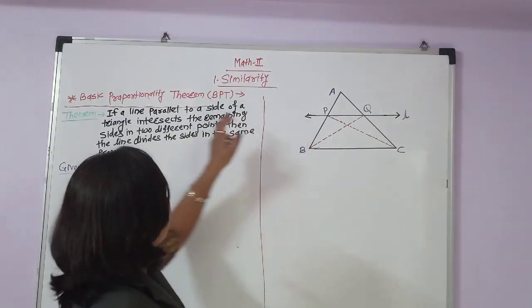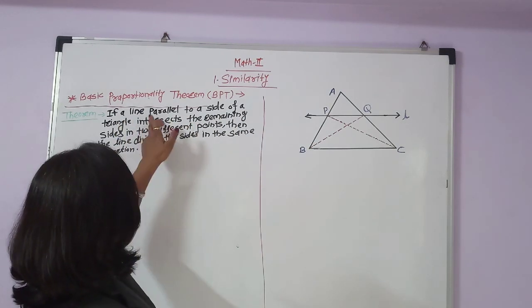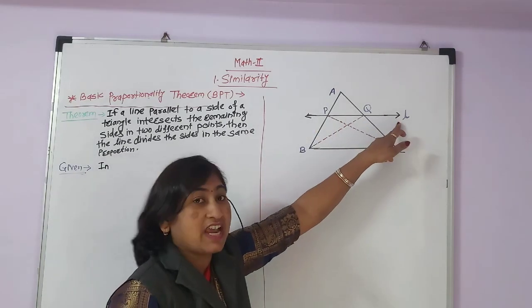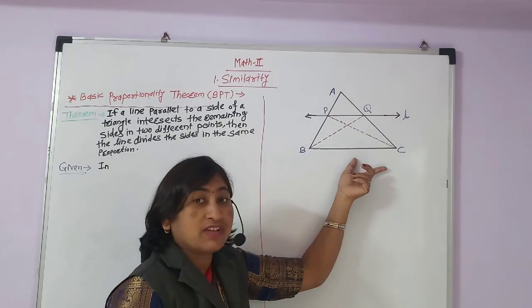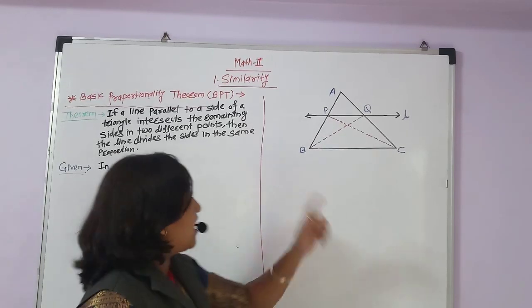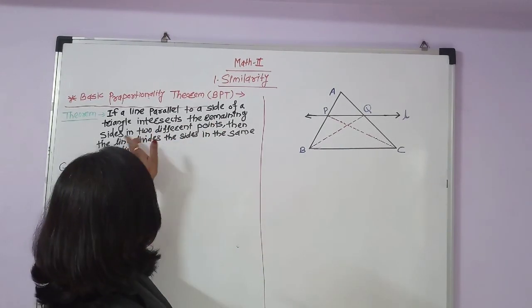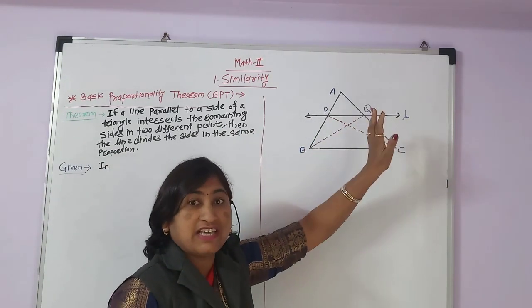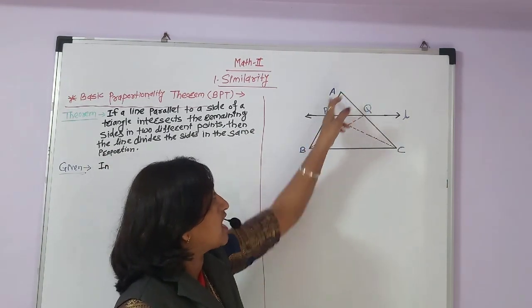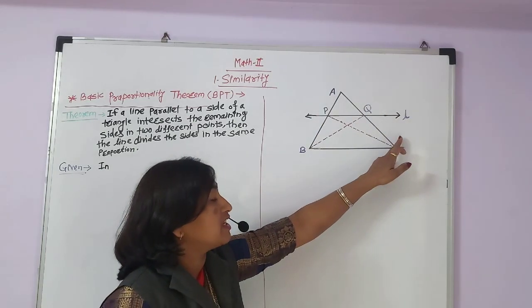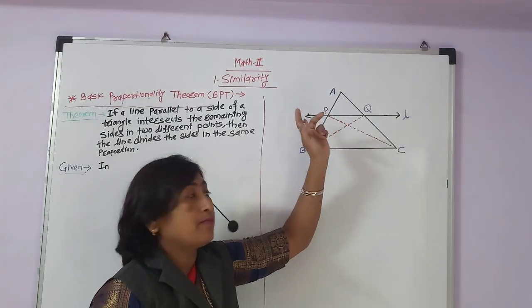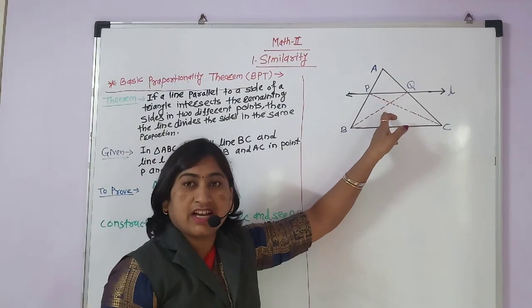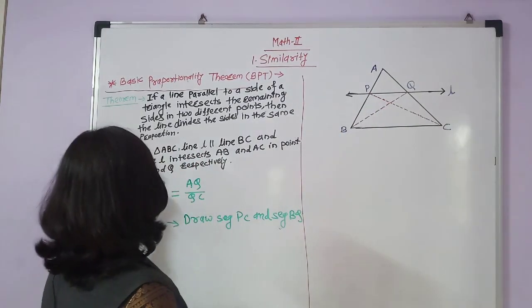We draw the line L parallel to the side BC, and it intersects the remaining sides, side AB and side AC, in points P and Q respectively.